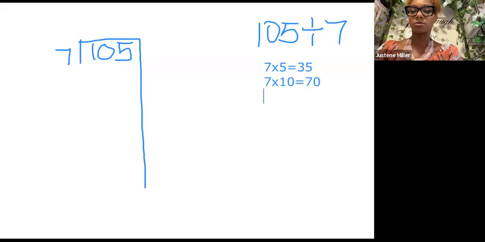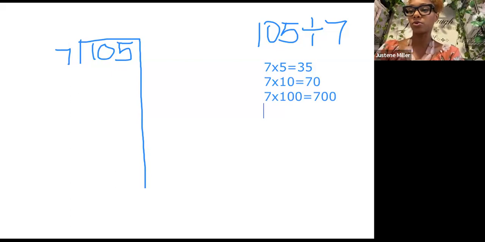Then I can do maybe 7 times, what do you think? You could do 7 times 100. I think that's too big for this problem. Yeah, because we only have 105, but you can list it.